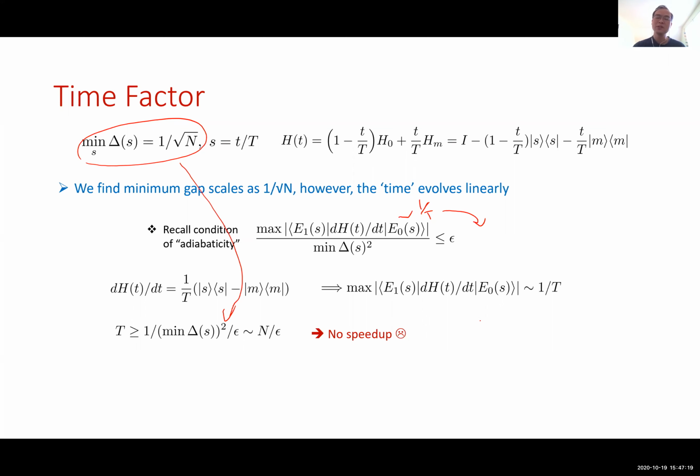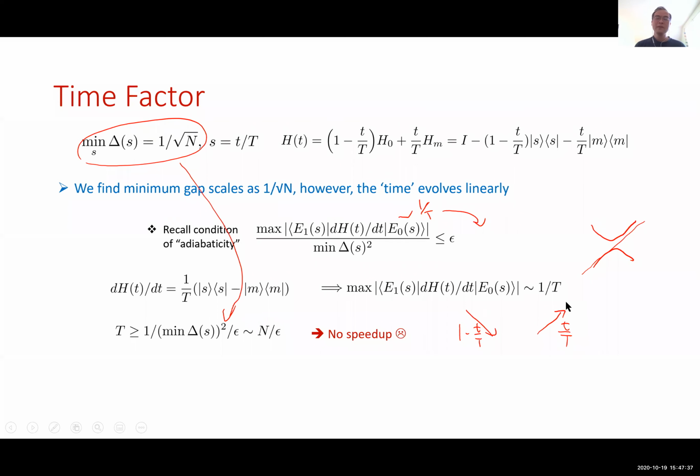So this is basically what I said. We ran down linearly the first term and we ran up the second term. So it doesn't matter the gap. We always run linearly, right?